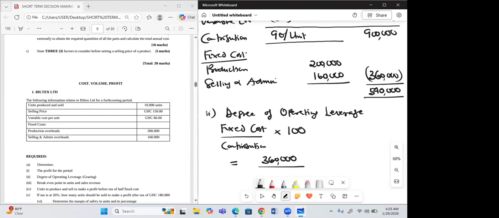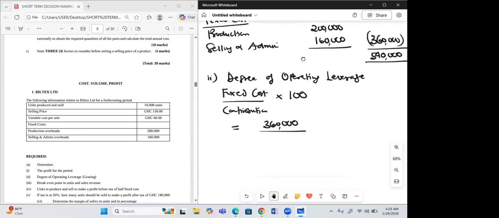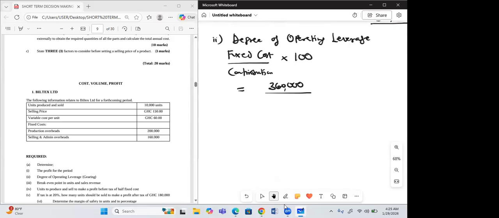Over, what was the contribution? 900,000. Contribution is 900,000, then times 100. What percentage is it giving? 40%.